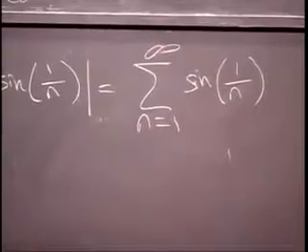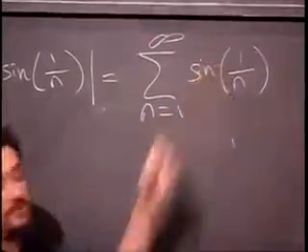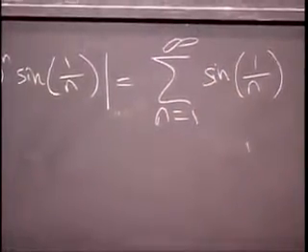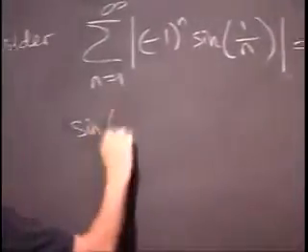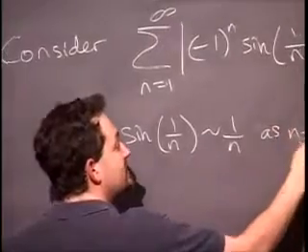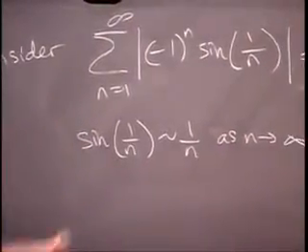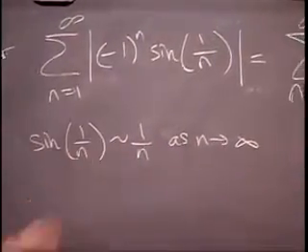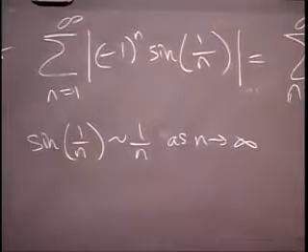And we did the example of sine squared 1 over n just about half an hour ago. Just to remind you, we saw that sine 1 over n is asymptotic to 1 over n when n is large. After all, then 1 over n is small, and sine of the small number twiddles the same small number.